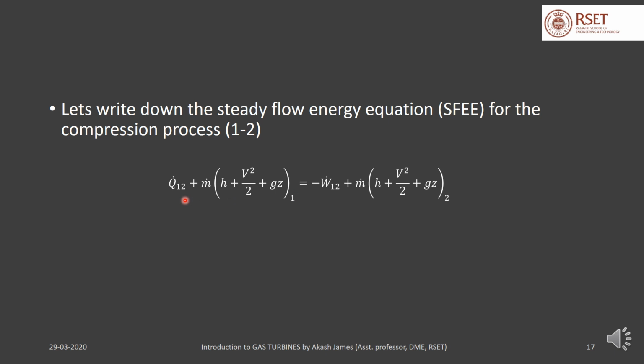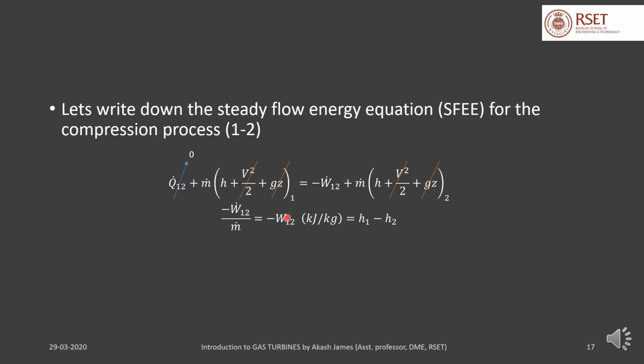Now, the change in kinetic energy and potential energy across the device is assumed to be negligible, so we cancel those terms. The compression process, as we have seen, is assumed to be adiabatic, so there is no heat transfer during the process 1 to 2. The rest of the terms, when we rearrange, we can write like this. That is the rate of work done per unit mass flow rate.